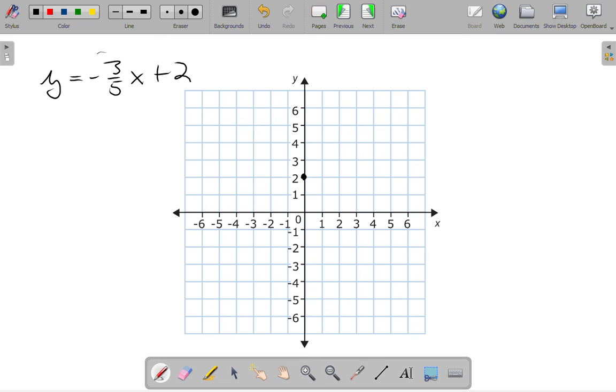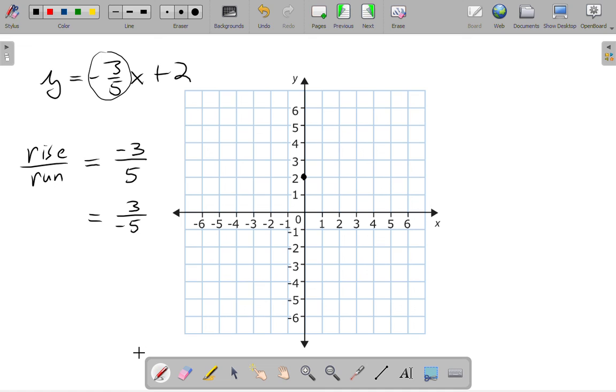All right, now this I need to use as my rise over my run. Now, here's where we can write it a couple different ways. I can put the negative sign with the 3, or I can put the negative sign with the 5. It will not matter.